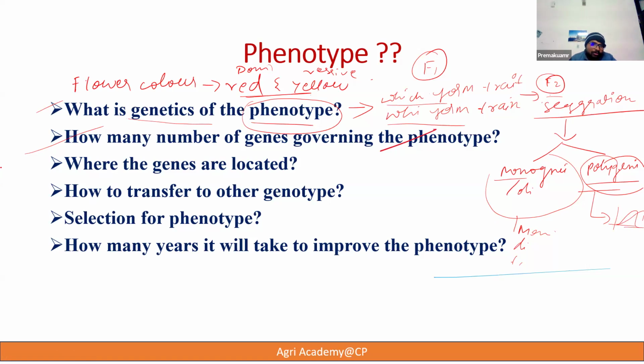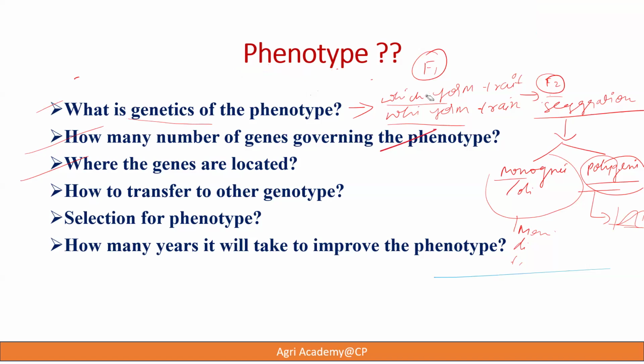Then, after knowing whether the trait is dominant or not, and how many genes are controlling the particular phenotype, the question comes: where is the gene located? How can we detect it?